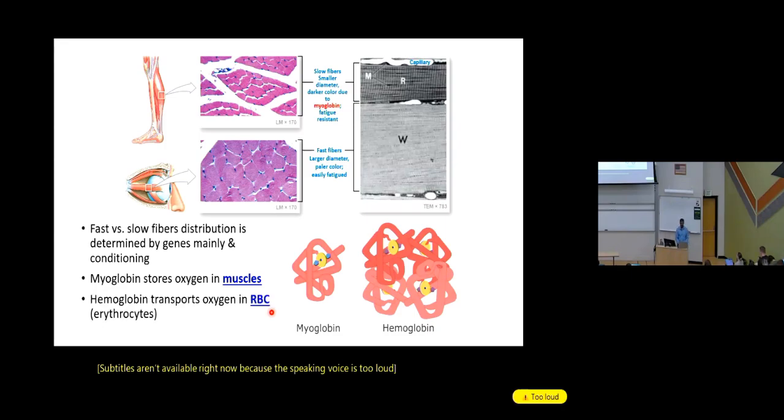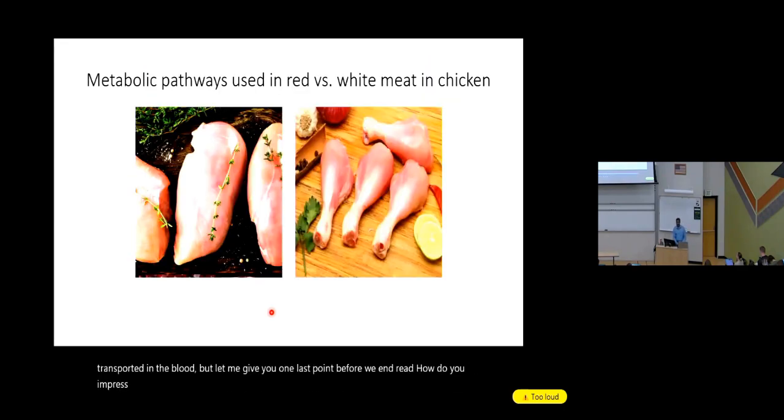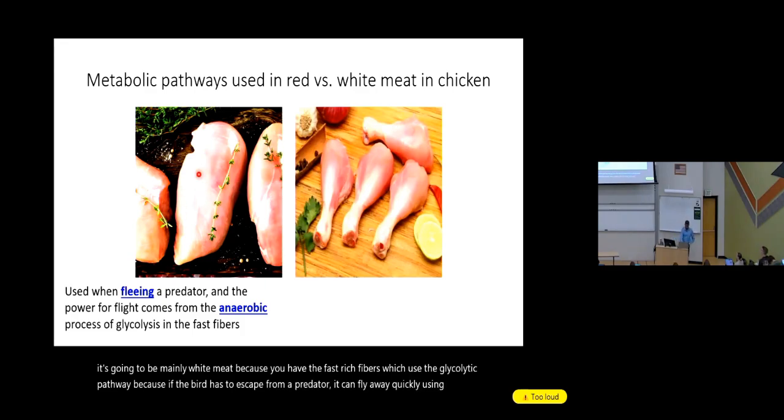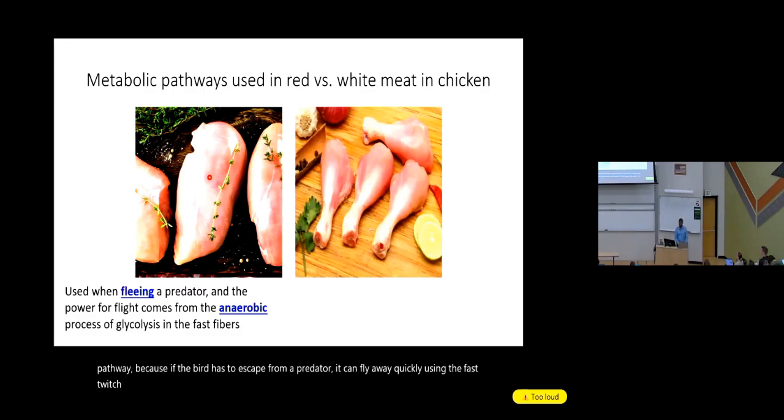But let me give you one last point before we end, right? How do you impress your family at Thanksgiving if you are not vegan, right? So we talk about red meat versus white meat. In the breast muscle, it's going to be mainly white meat because you have the fast twitch fibers which use the glycolytic pathway, because if the bird has to escape from a predator, it can fly away quickly using the fast twitch fibers in the breast muscle.